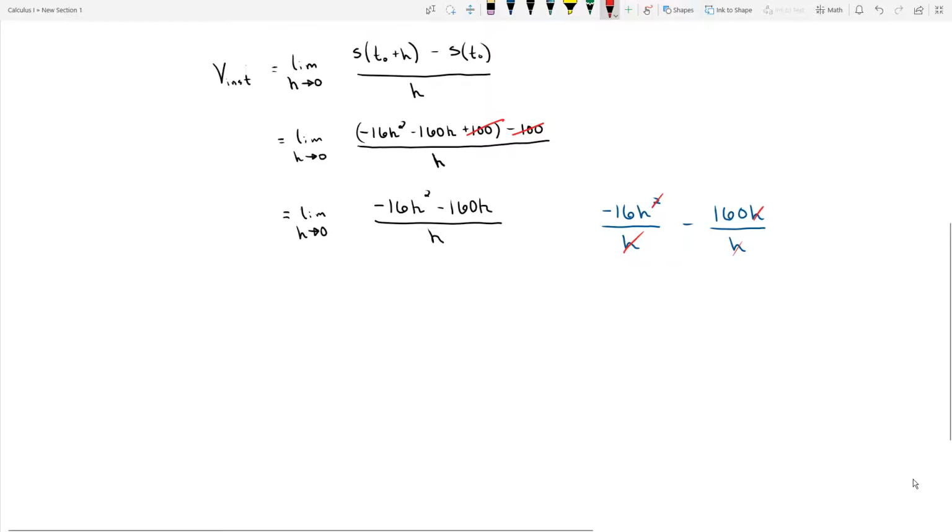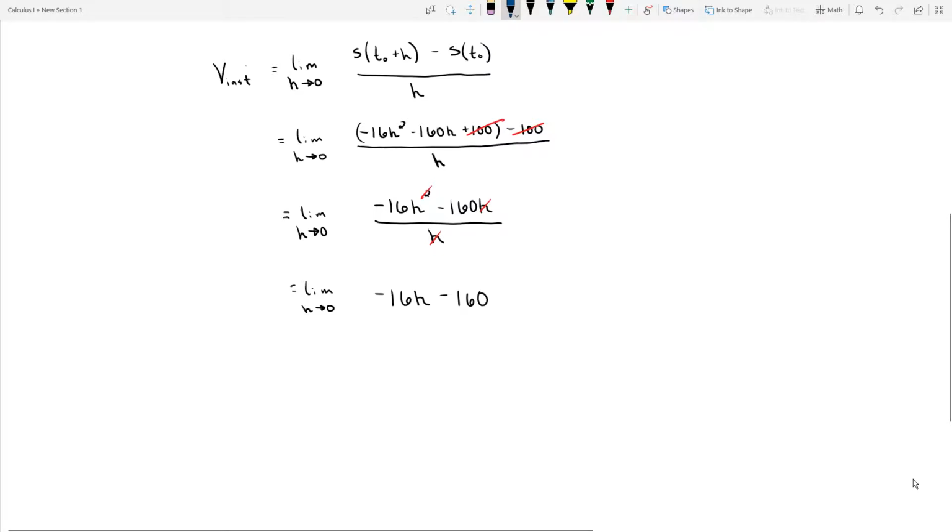That would be fairly easy to see this way. So without splitting it apart, you can see that for each term in the numerator, and of course the denominator containing just h, we can reduce this and rewrite as the limit as h approaches 0 of negative 16h minus 160.